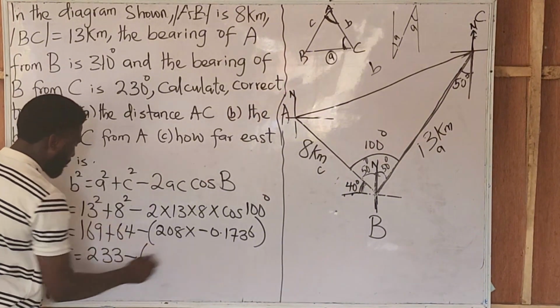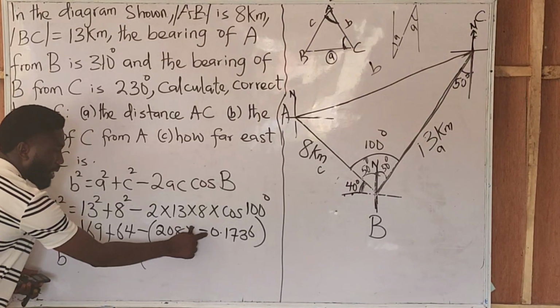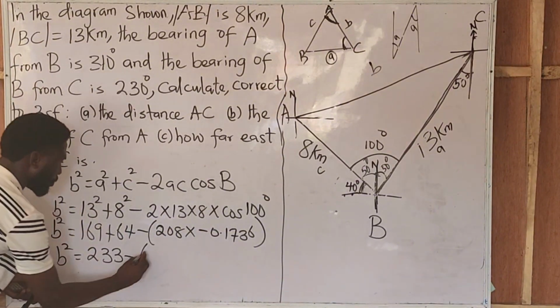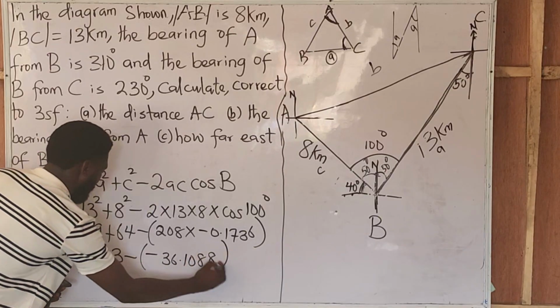So let's try to multiply this. 208 multiplied by 0.1736. Remember, we have a negative value here because plus times minus is minus. So we have minus 36.1088.